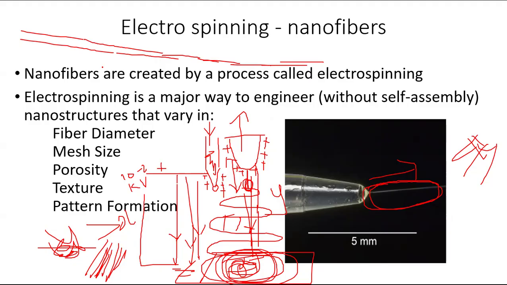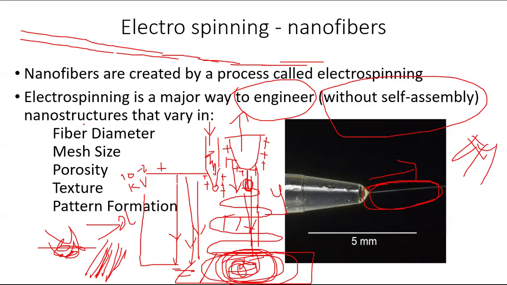Okay, so electrospinning is a major way to engineer without self-assembly. If you do not just let it deposit on a surface by self-assembly, you can engineer the way you spin the nanofiber. Engineer means you control the parameters of the nanofiber mesh that you are going to collect.